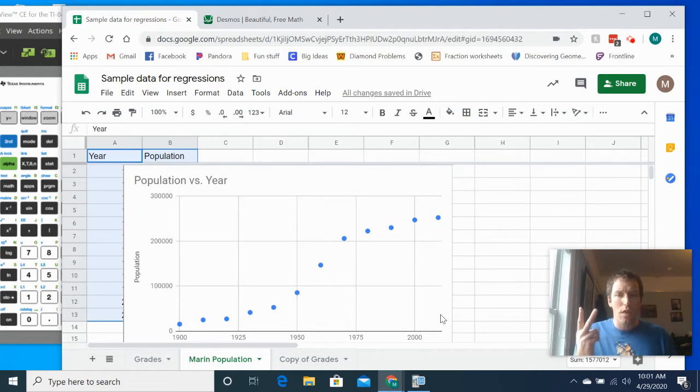The two that you're going to do regardless are linear and exponential. And to be honest, a huge reason why you're doing those is because it allows you to demonstrate that you know how to interpret the slope and the y-intercept and the rate of growth or decay for those two types of equations. Even though they don't necessarily fit the data very well, we're going to do those two for the practice interpreting them.